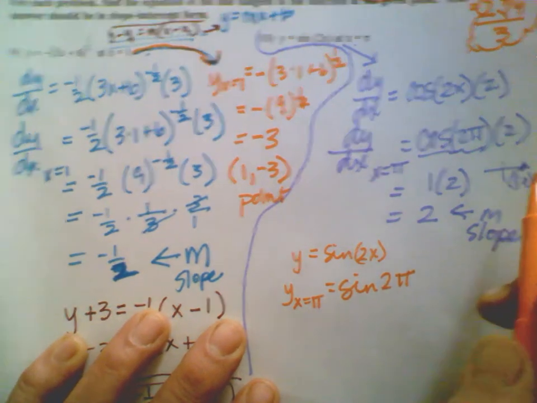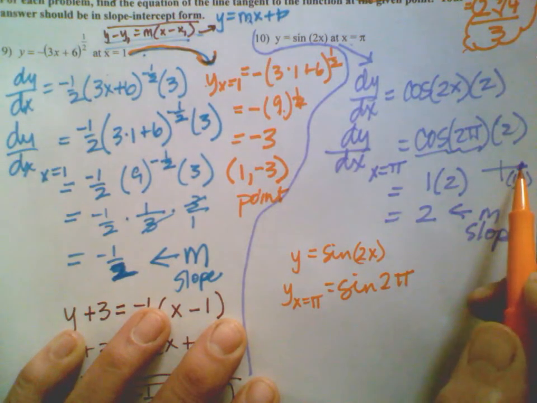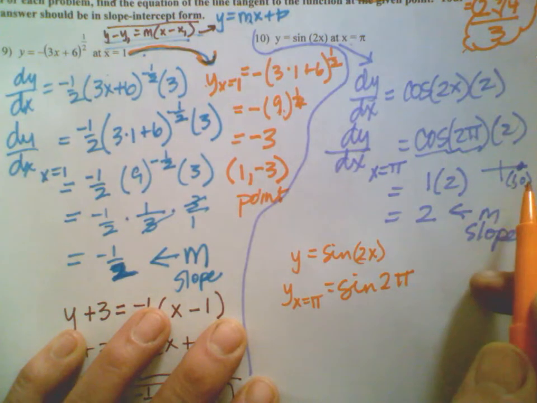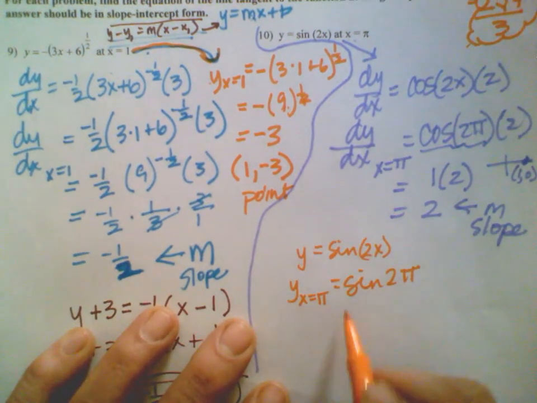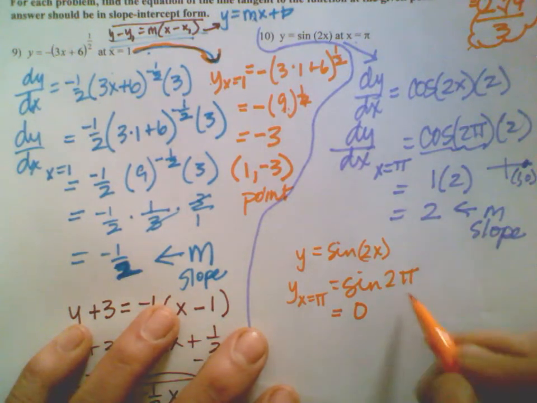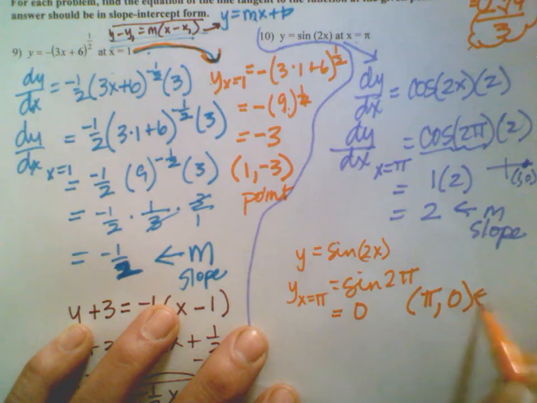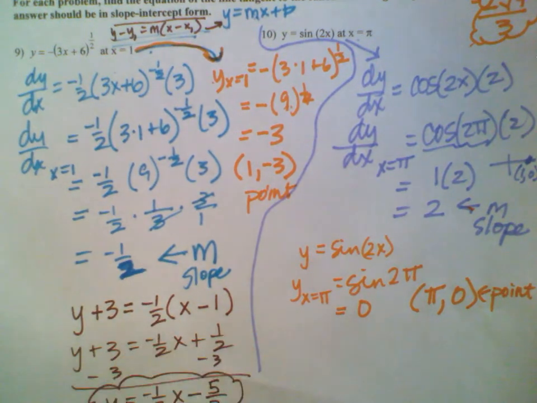We found over here that the cosine of 2 pi was 1, the sine of 2 pi is 0, so we're going to end up with 0 as our y value. So the point that we're going to use is (pi, 0). That's the point.